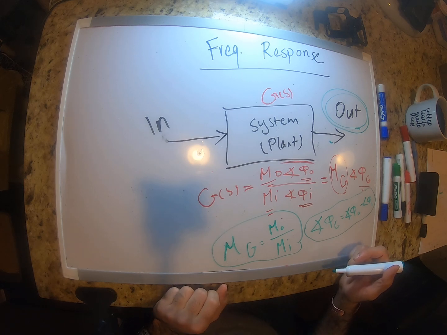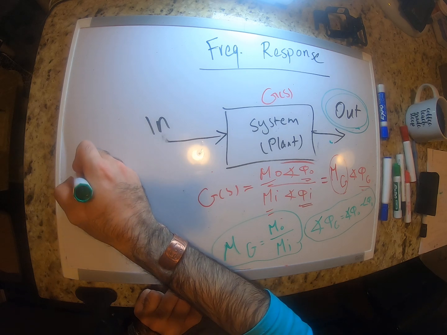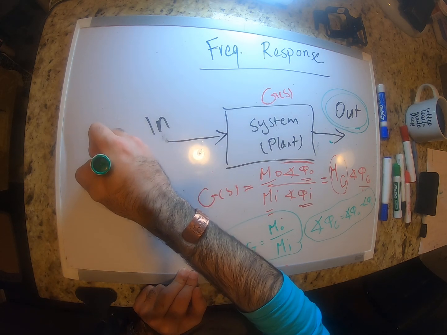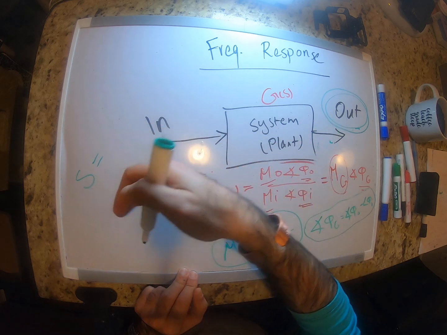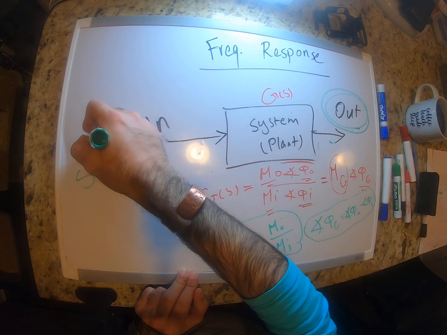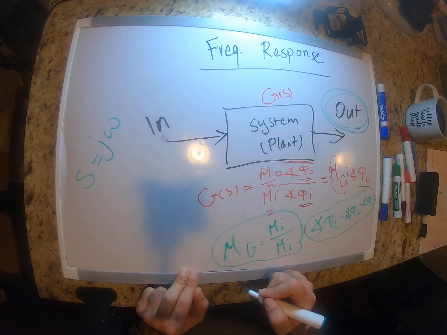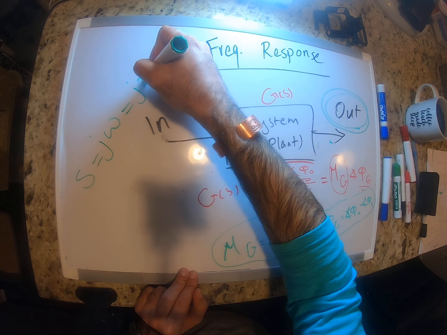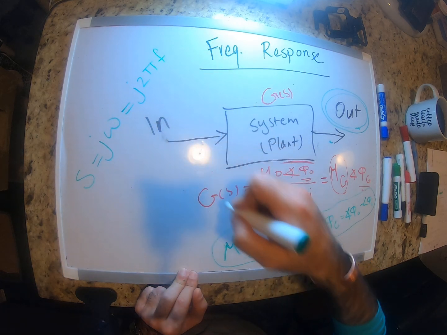And when you take the Laplace transform, we have our variable as s. So always remember that in order to convert to the frequency domain, we just set s equal to j omega, and omega is basically 2 times pi times the frequency.